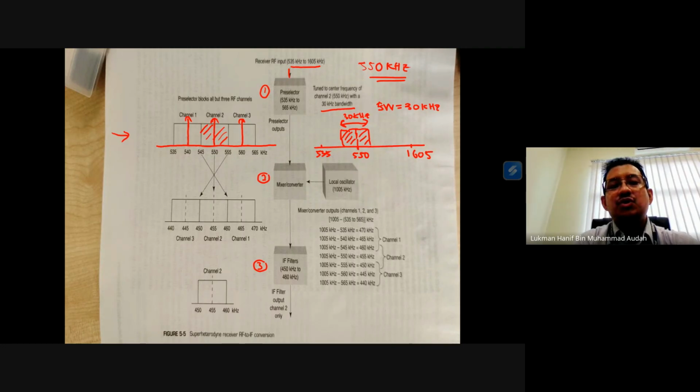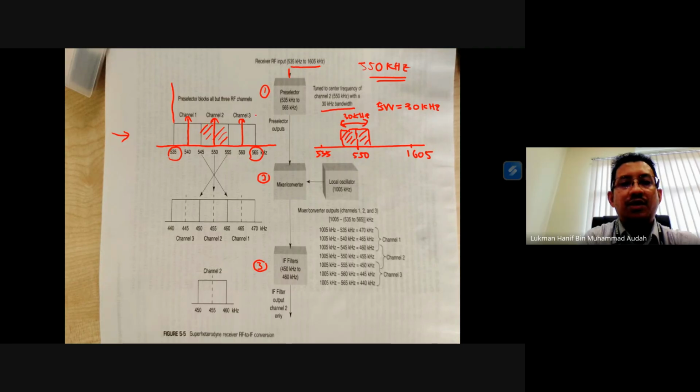So we allow these 3 channels to pass through the preselector because from 535 until 565, the bandwidth that we allow to pass is 30 kilohertz.